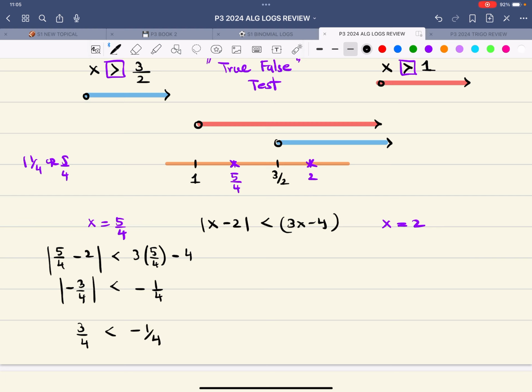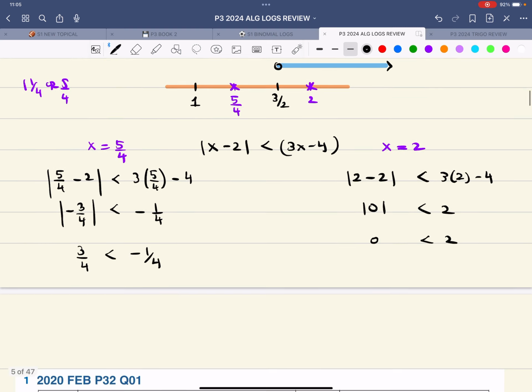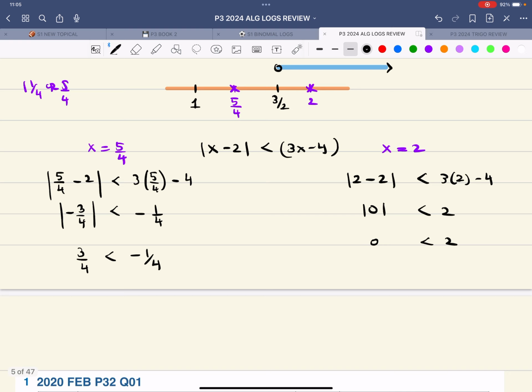Over here, if I plug in 2, so modulus of 2 minus 2, which is modulus of 0, which is 0. Is it less than 3 into 2 minus 4, which is 6 minus 4, which is 2? Is 0 less than 2? So now the thing is, for 5 over 4 this is false. How can a positive number be less than a negative number?